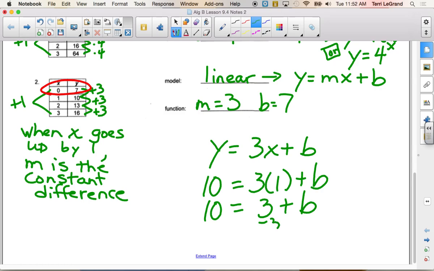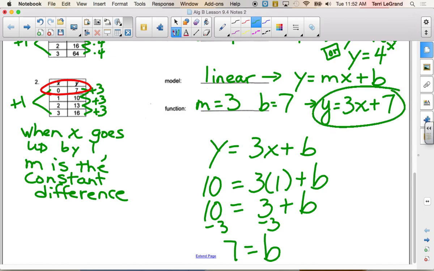Subtract 3, b equals 7. So we could find it, but we're such awesome math consumers, we know that where x is equal to 0, that's giving us our b value. So what's our equation now? Y equals 3x plus 7. There's our model for that one.